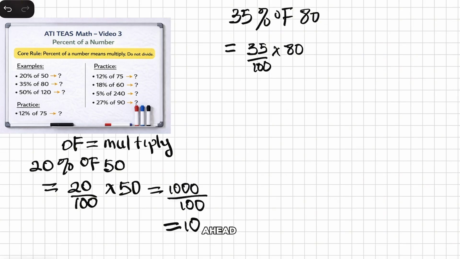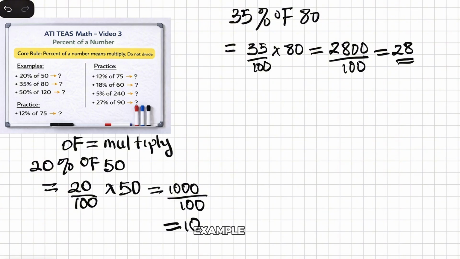We can go ahead and multiply this. I know that 35 times 4 is 140. So 140 times 2 is going to give us 280. So this is going to give us 2800 divided by 100, which is going to give us 28. Therefore, 35% of 80 is 28.